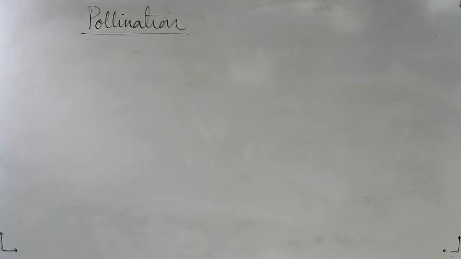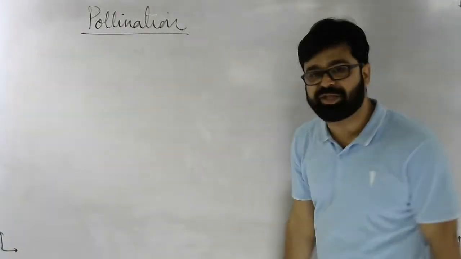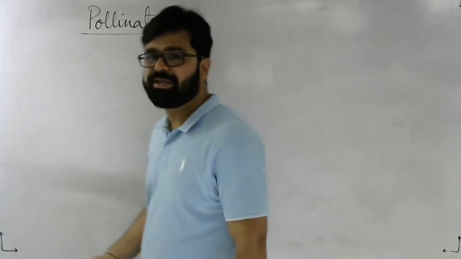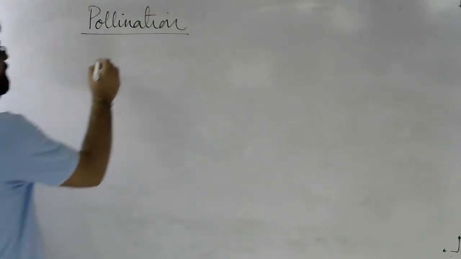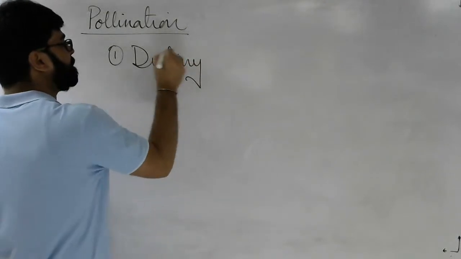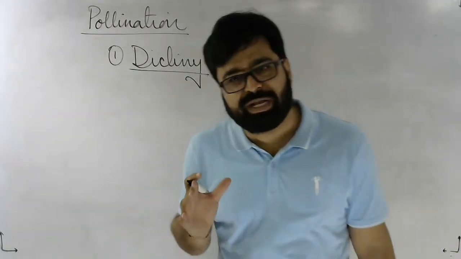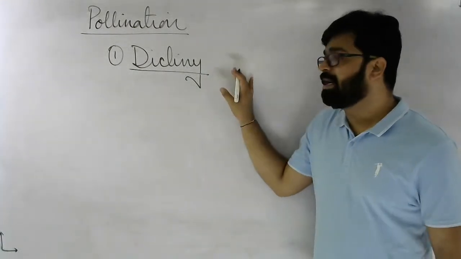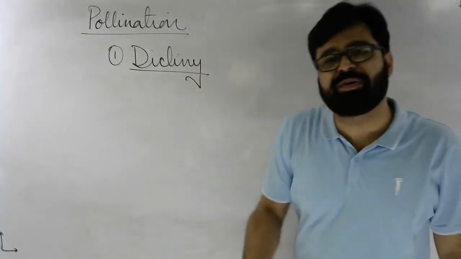Now, the next topic is some important terms related with pollination and after pollination. So the number one term we are going to discuss is diclinism. Okay, diclinism. In this, the plants are unisexual, so that self-pollination is not at all possible, because the plants themselves are unisexual.